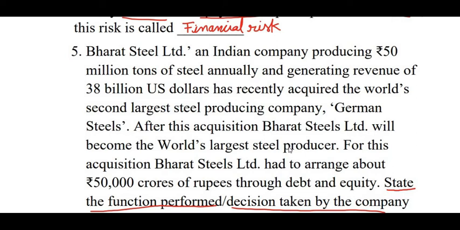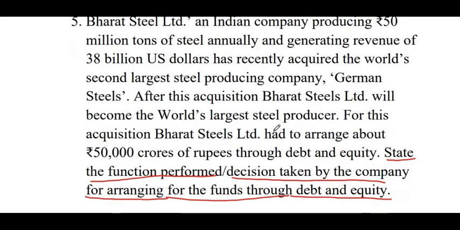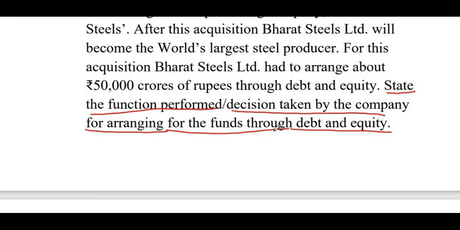For this acquisition, Bharat Steel Limited had to arrange about rupees 50,000 crore through debt and equity. So when you are arranging money through debt and equity, what is this decision called as? This decision is called as financing decision.